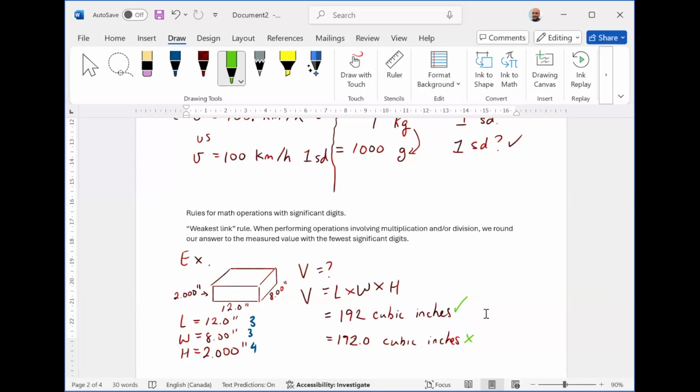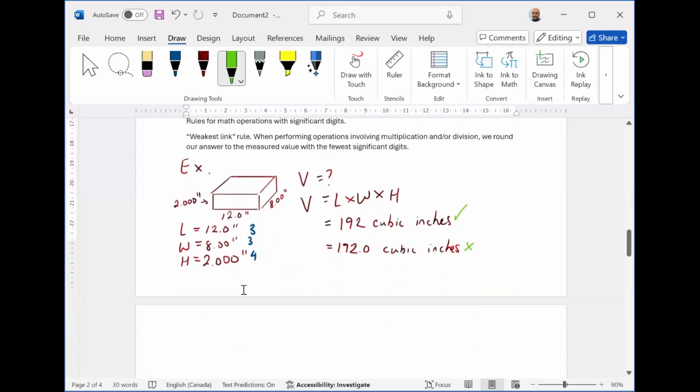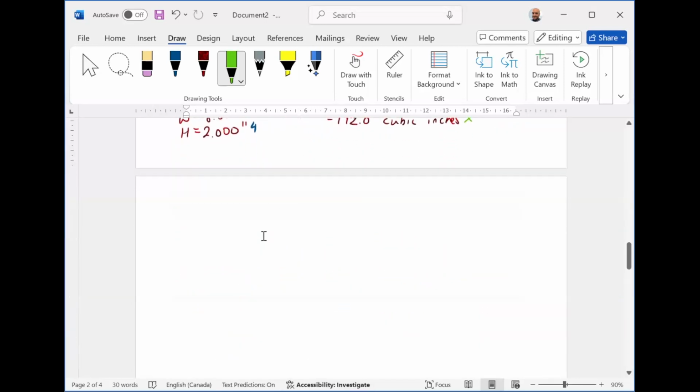Significant digits is new. What I'm going to do, just for the sake of being quick and practical, there is a different rule for if your math operations involve only addition and subtraction. So I'm posting this here, and I'm going to put this here.